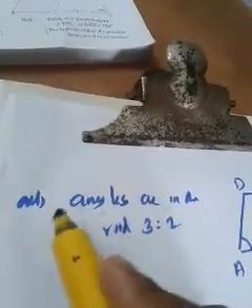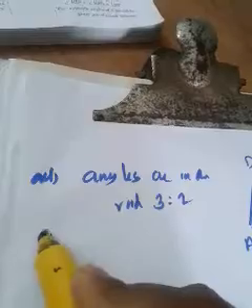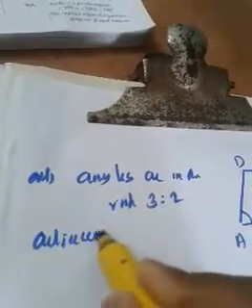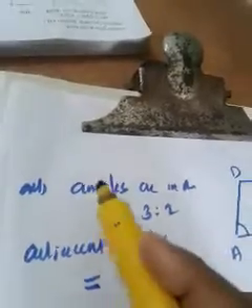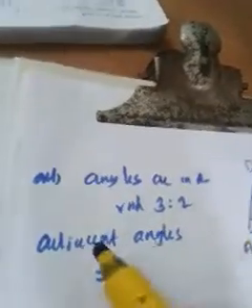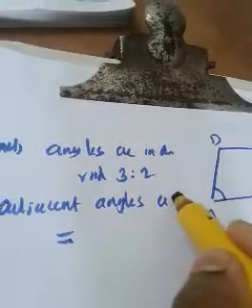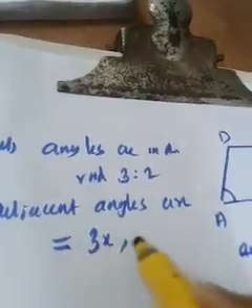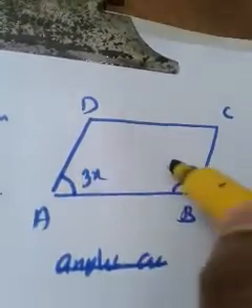So, the ratio of the adjacent angles is given as 3:2. Now we can easily write the adjacent angles as 3x and 2x. So now we can mark the angles as 3x and 2x.